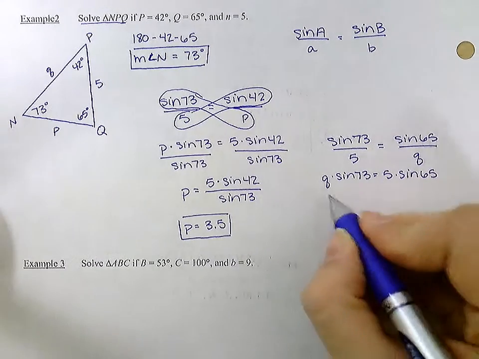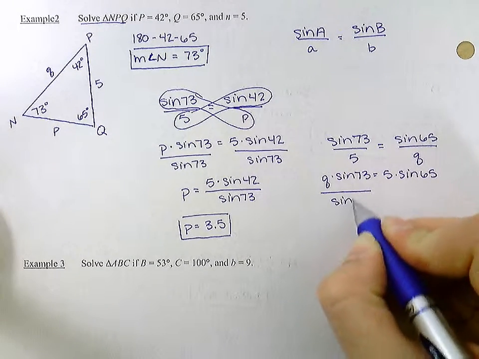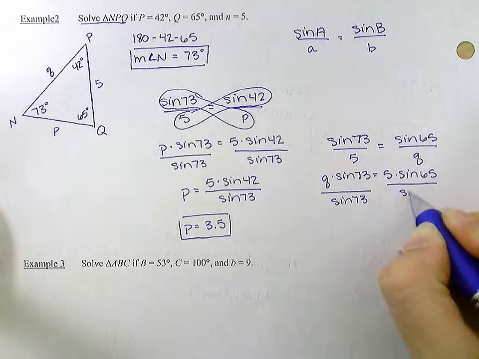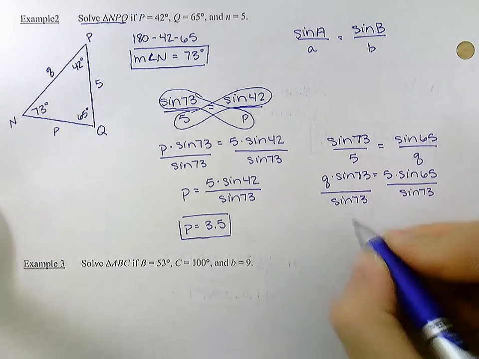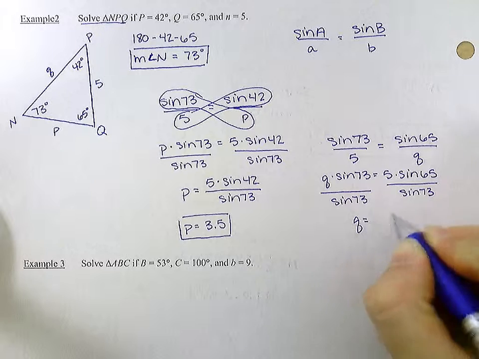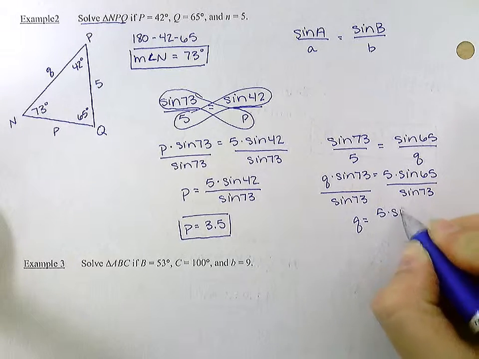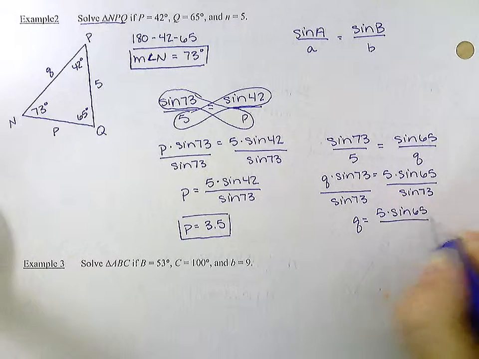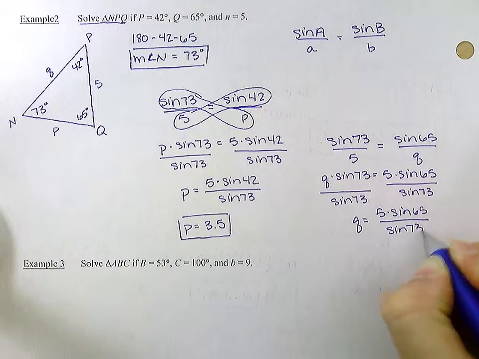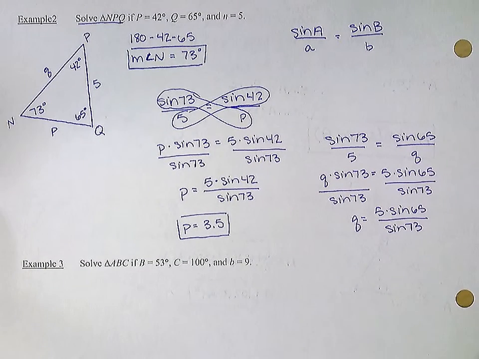Getting Q by itself, we would divide both sides by sine of 73. And you'd enter 5 times the sine of 65 over sine of 73 into your calculator to solve for Q. 4.7.